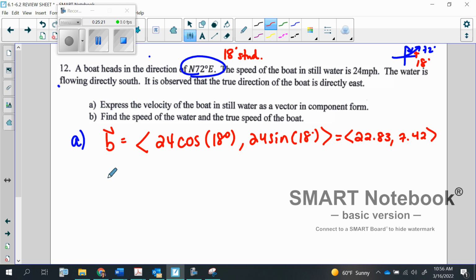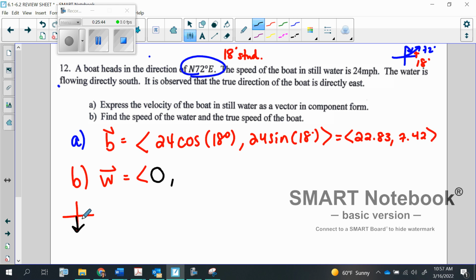Okay, part B. Find the speed of the water and the true speed of the boat. The water is flowing directly south. One of the things we can say is that it has no x component. It's not going left or right at all.